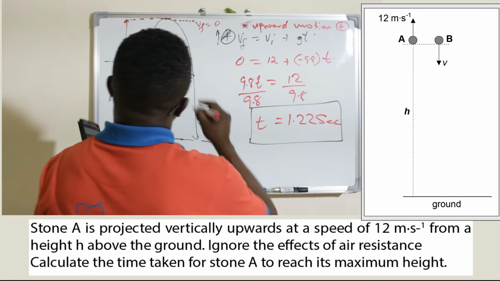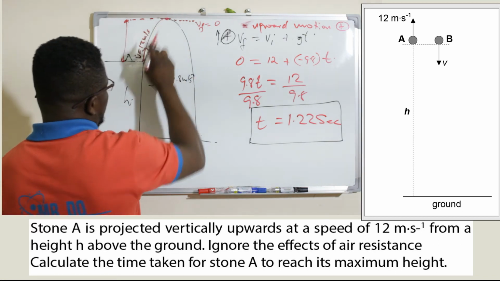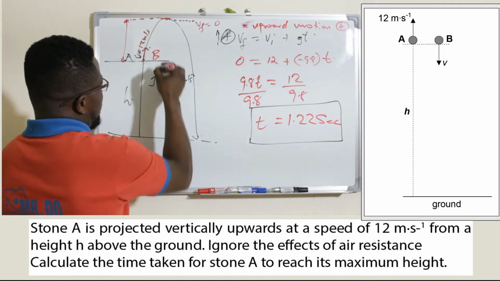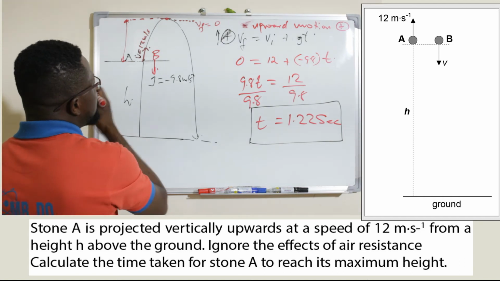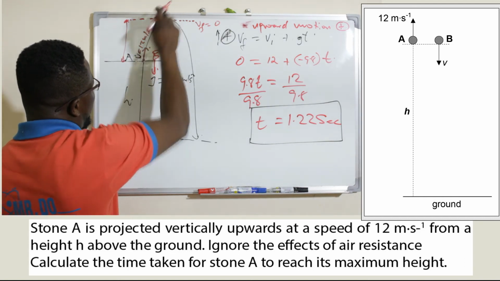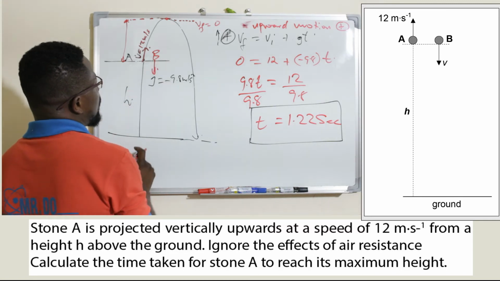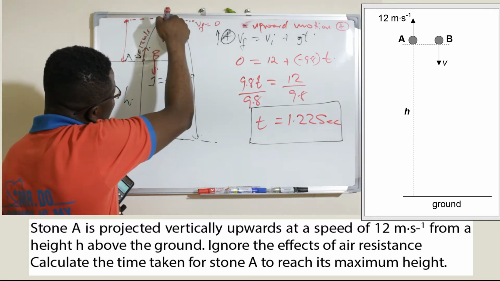So here, this is the maximum height for stone A, and stone B is on the side. It was projected downwards. And we were told that before this stone reaches this point, its velocity was 3v. So that is going to be the final velocity for this one.